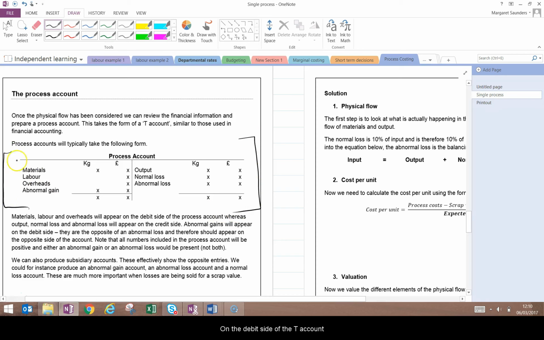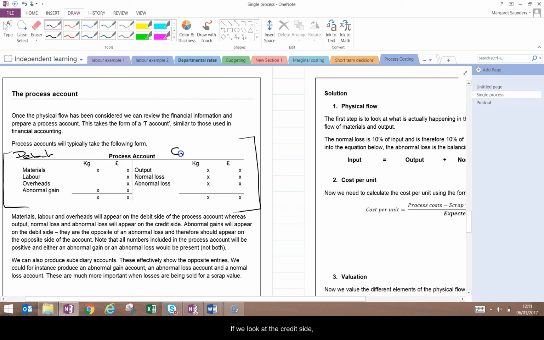On the debit side of the T account, we record the material cost, the labour cost, and the overhead cost. If in the process there is an abnormal gain, that is also recorded on the debit side of the account.